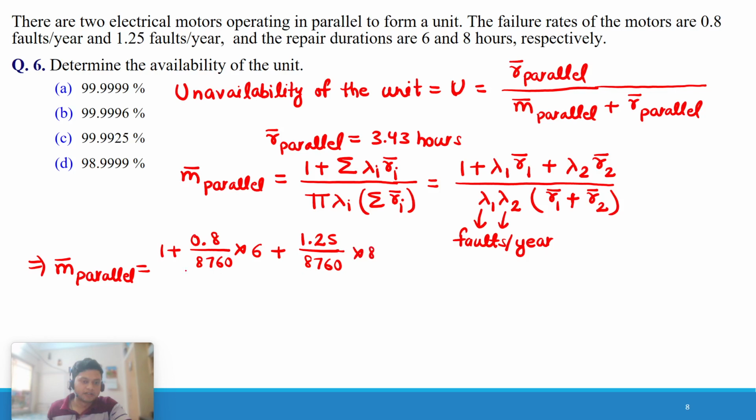and the 8 is the number R2 bar, and reciprocal is lambda 1, 0.8 into 8760 into 1.25, 8760 into R1 plus R2.